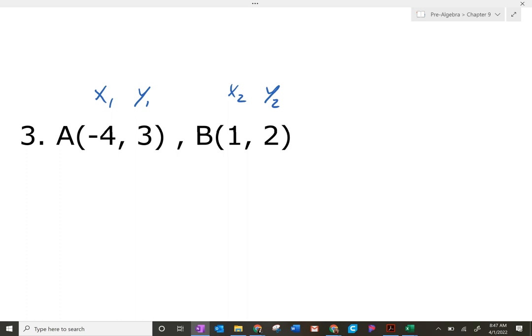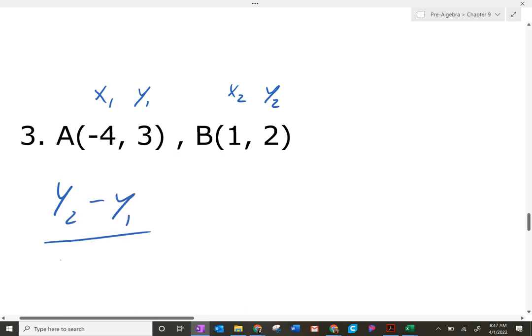All right. Big thing, remember, y goes on top. So y2 minus y1 over x goes on the bottom, x2 minus x1.